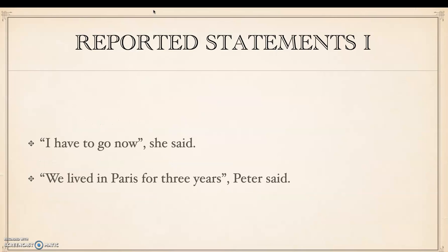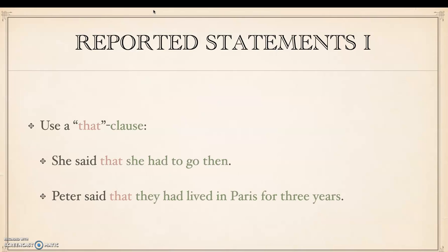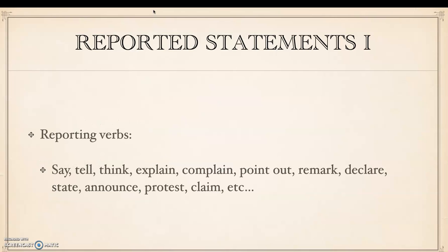The other example, we lived in Paris for 3 years, Peter said. Peter said that they had lived in Paris for 3 years. Okay, we need the word that to introduce statements. Reporting verbs, remember the verbs in the main clause can be say and tell.